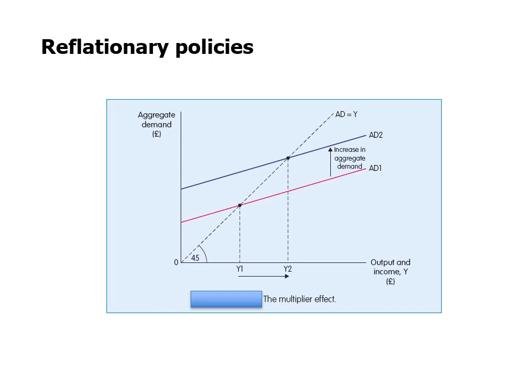So we can illustrate reflationary policies on a graph. We can express aggregate demand on the vertical axis, and output and income on the horizontal axis. So we have this graph, and we can see what the relationships will be.